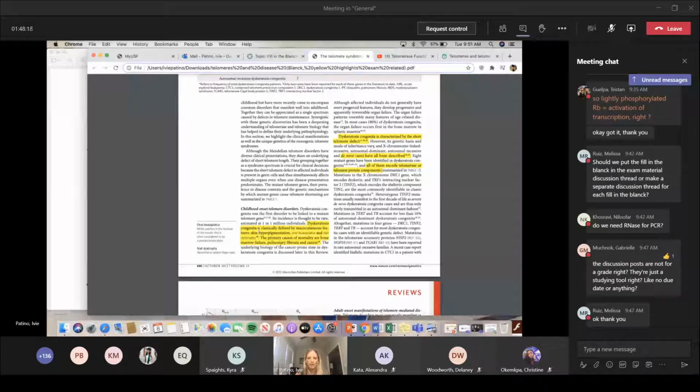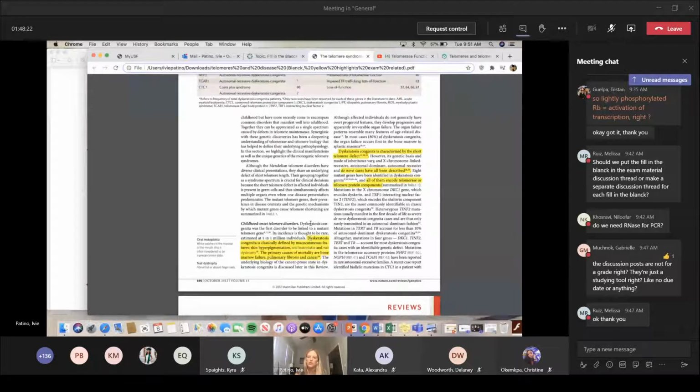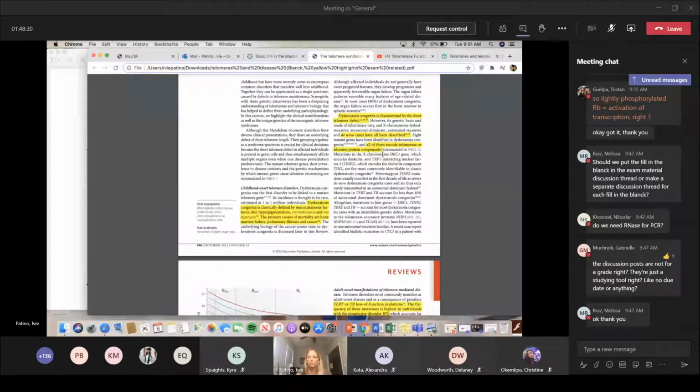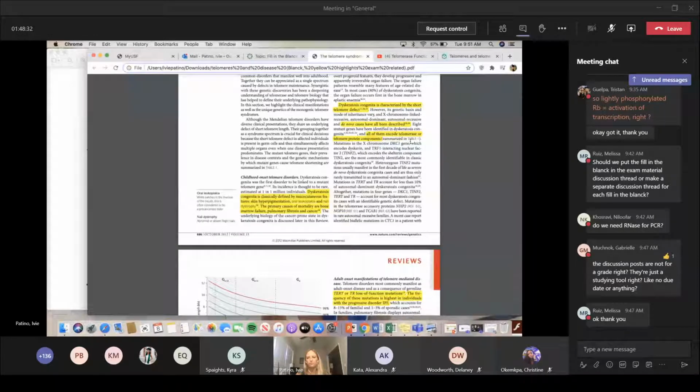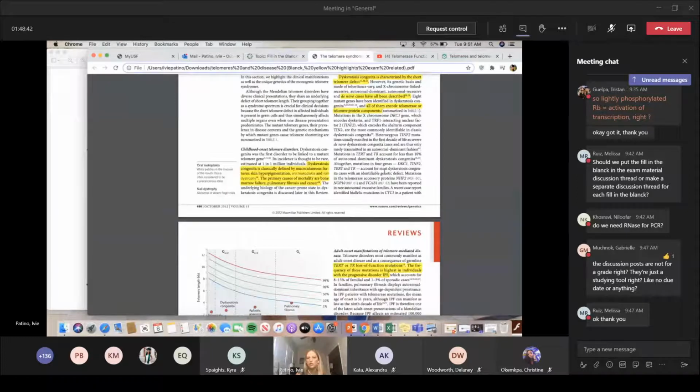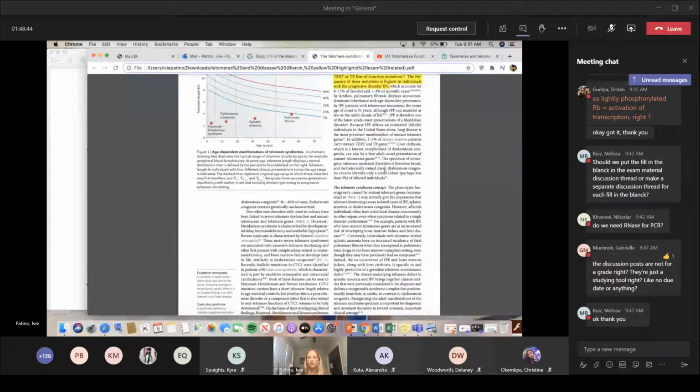And the primary cause of mortality are bone marrow failure, pulmonary fibrosis, and cancer. So dyskeratosis congenita is characterized by the short telomere defect. Sometimes they've seen it de novo. And all of those mutations are for encoded telomerase or telomere protein components. So we know that there's something wrong with our telomeres there.